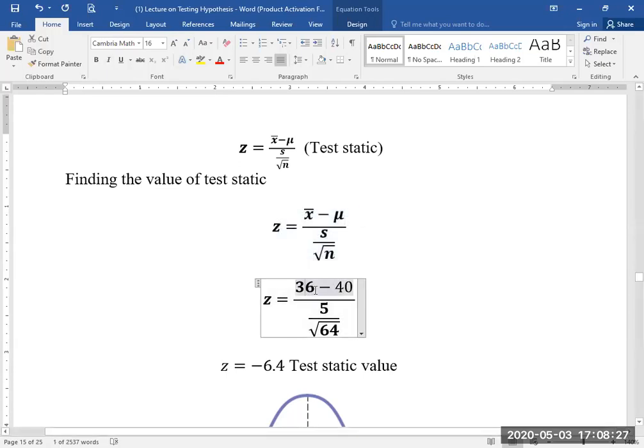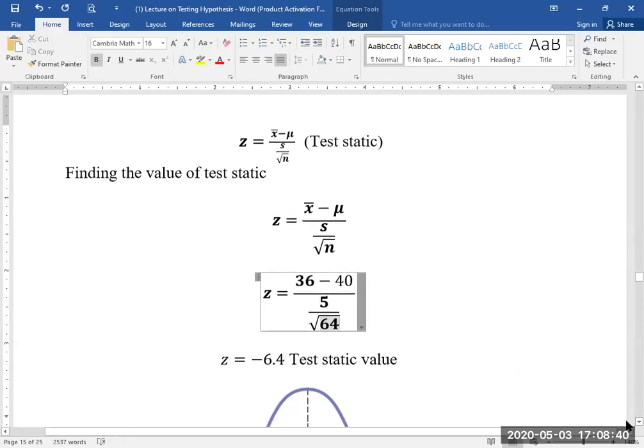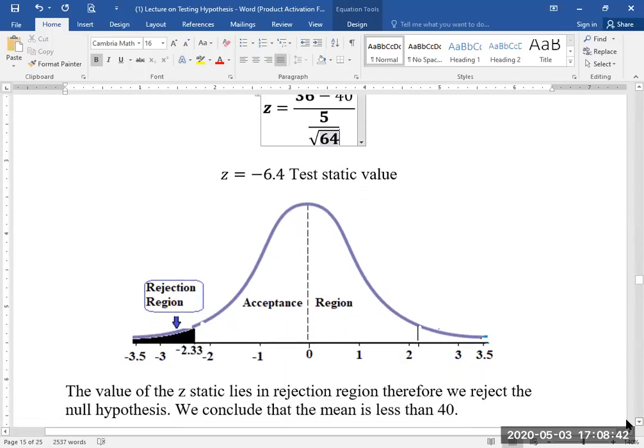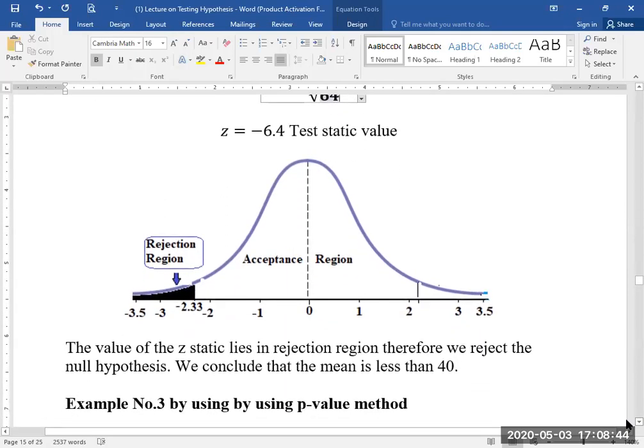Okay, student, x bar was 36, and the null hypothesis value was 40, standard deviation was 5, and n is 64. Because n is greater than 30, we have used this table, and the test statistic is minus 6.4, and the critical value was minus 2.33.